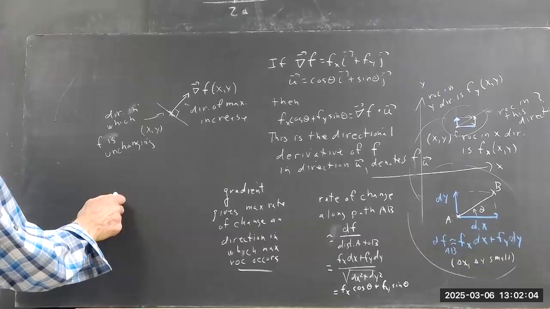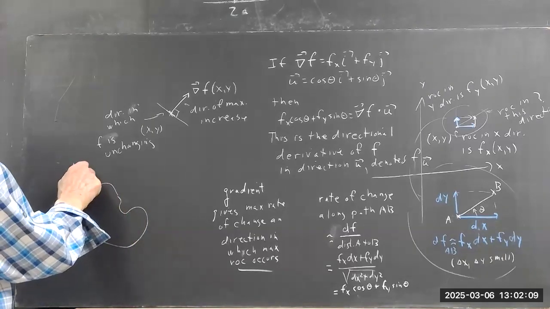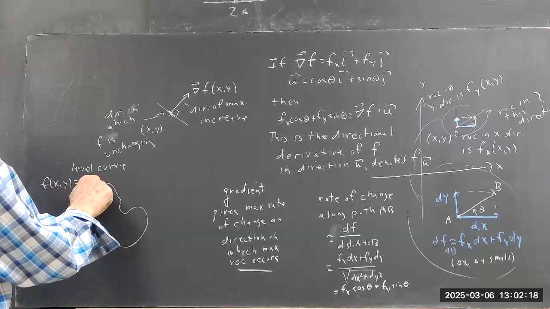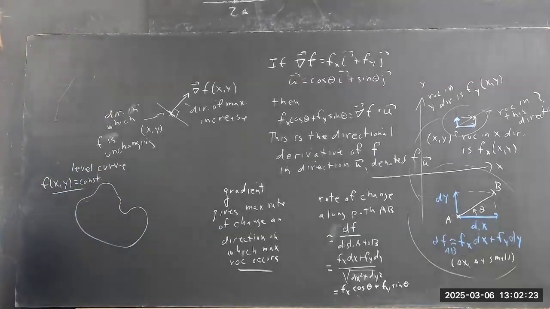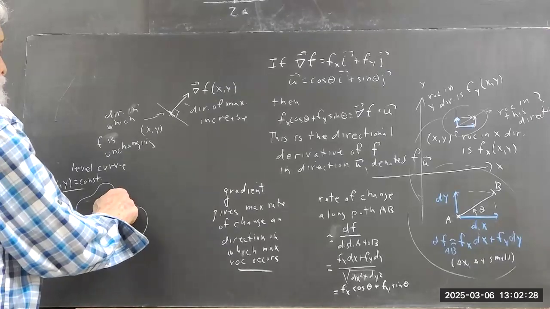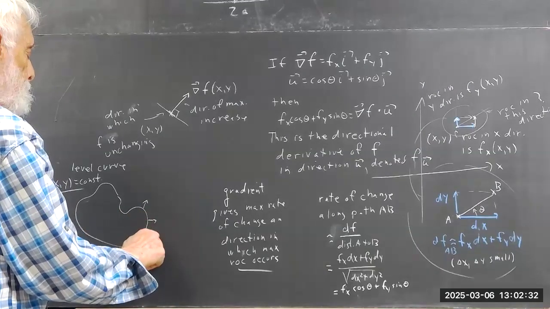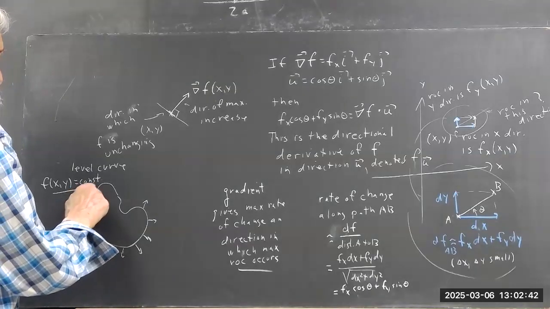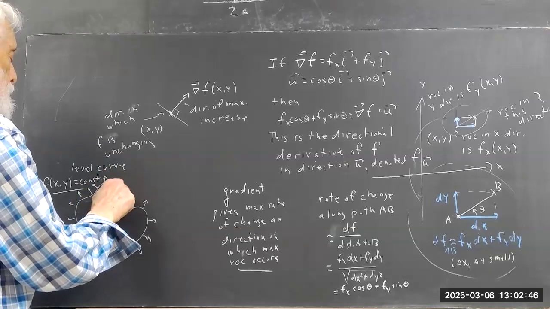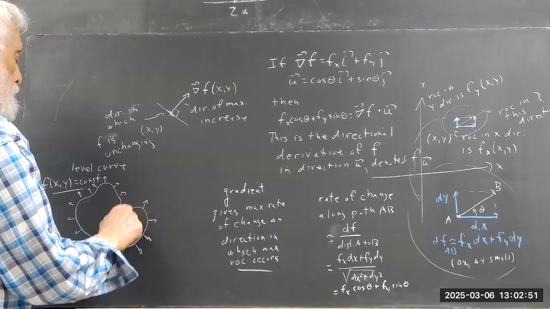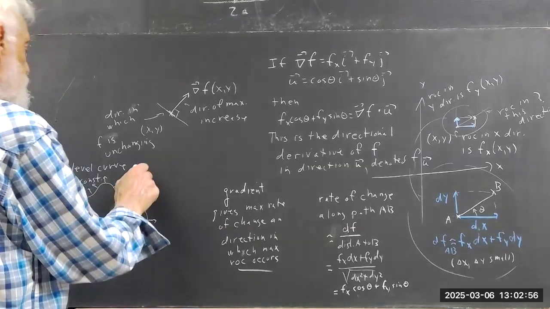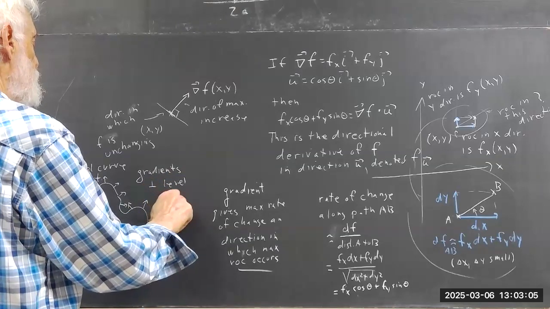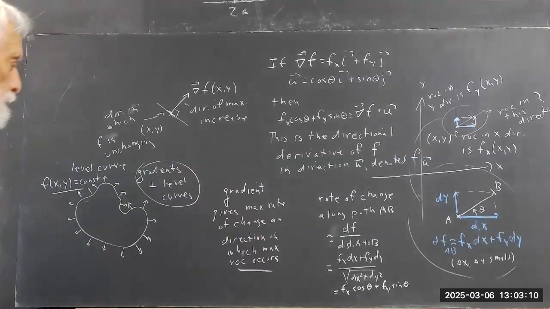If we have a level curve, where f of x, y is constant, then the gradients are perpendicular to the level curve.